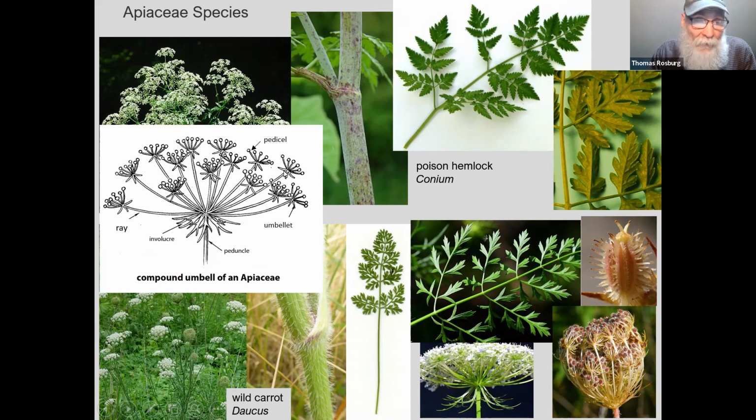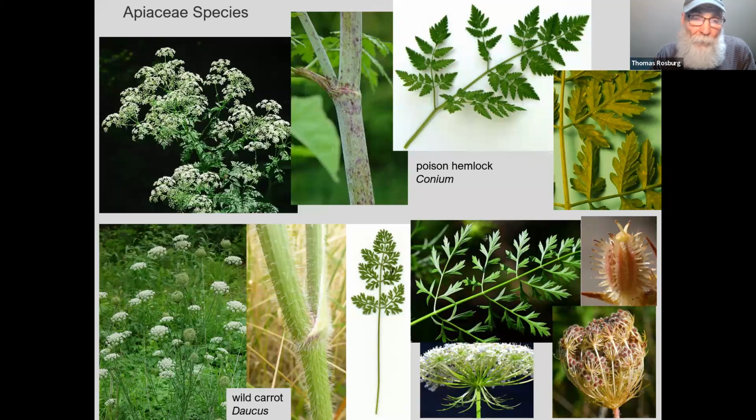Again, these bracts in here make a smaller, similar kind of thing. It's called an involucre, since it's smaller, that subtend the umbellet. So both of these, again, have compound umbels, and both of these have tiny, tiny flowers that have corollas that are white. So they have a similar look to them.